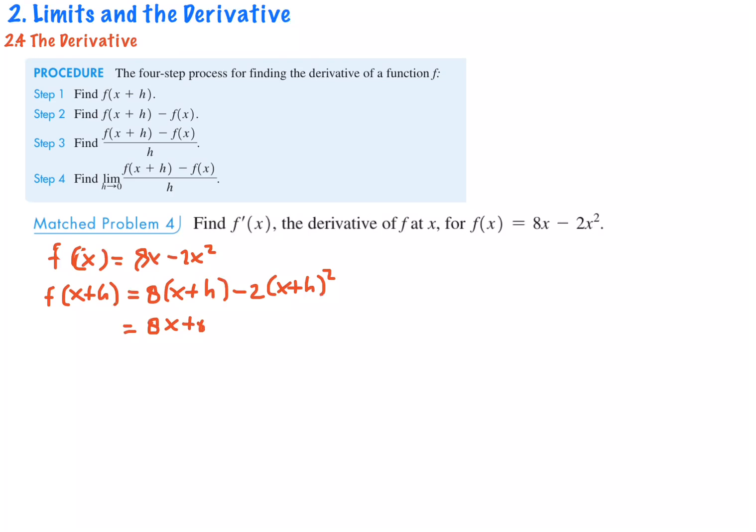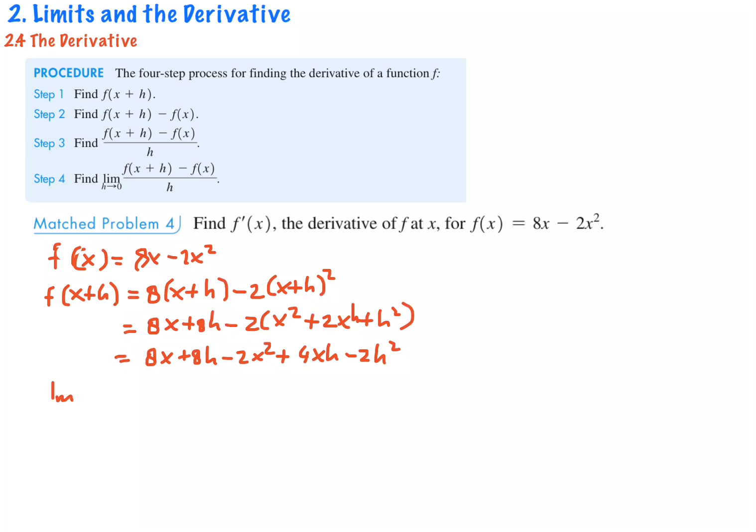And then we'll get 8x plus 8h minus 2, and then expand this will be x squared plus 2xh, and then plus h squared. Then we'll have 8x plus 8h minus 2x squared minus 4xh minus 2h squared.